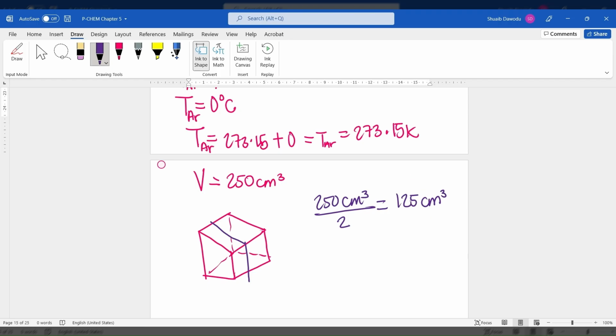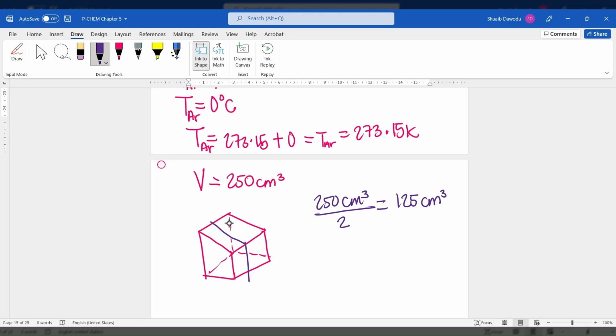Because if a bottle has the capacity to handle 1 liter of volume and you cut the bottle into two equal halves, the bottle can only take half of what it was able to contain in the first place. I know that we're advanced, I just want to write things out for sometimes struggling students. It's kind of hard for them to visualize certain things.